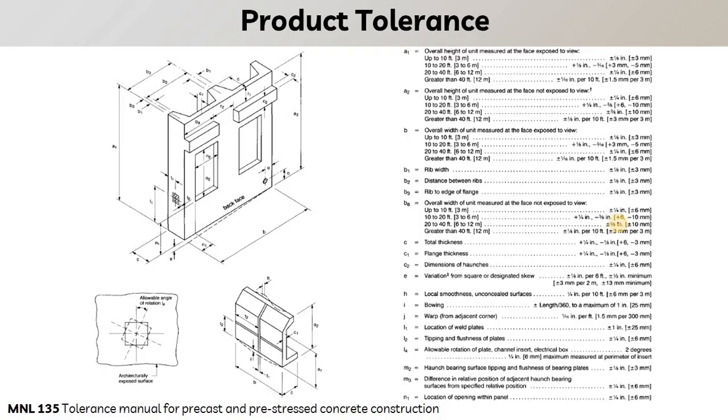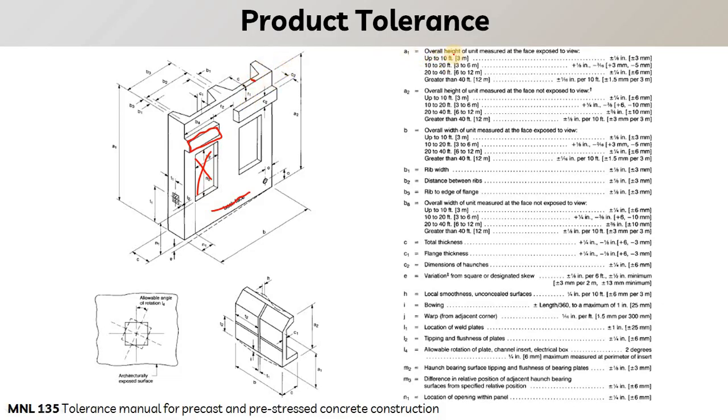Then let us see the tolerance that is allowed as per Manual 135, which is the tolerance manual for precast and pre-stressed concrete construction. This is a similar kind of panel that we have already discussed. We have the panel, the nib, window openings, and the thickness of the panel.